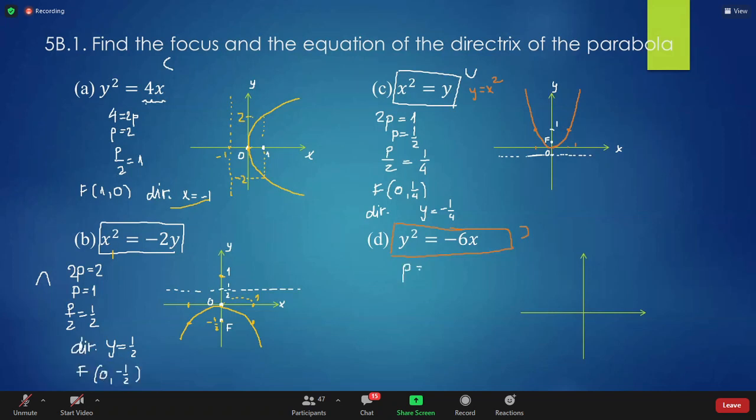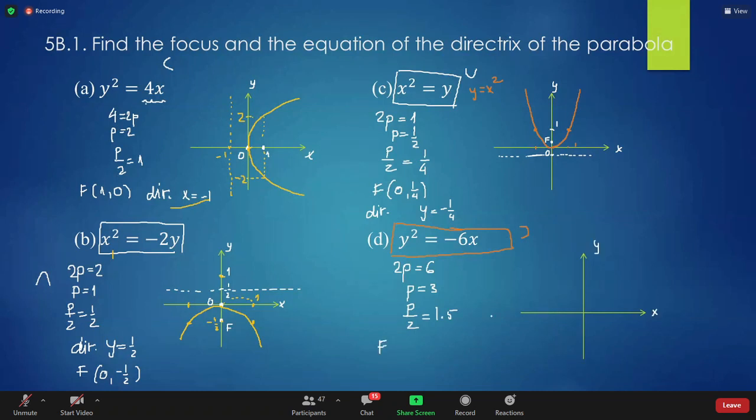We ignore the signs when we are looking for p, because remember, p is the distance. Therefore, we must take the positive number. So p is 3, and p half is, let's say, 1.5. So the focus will be on the negative x-axis.